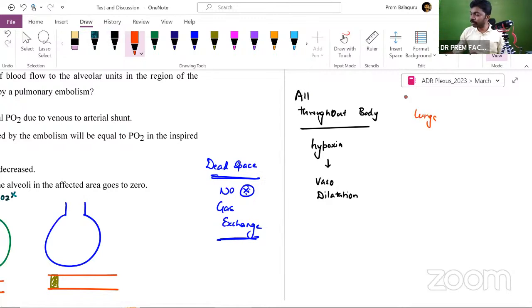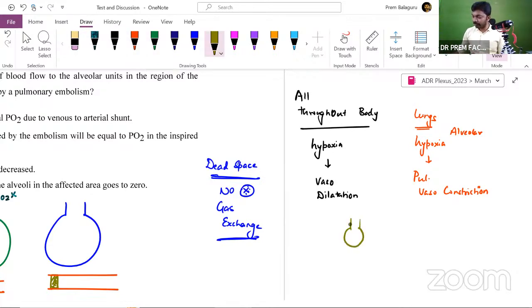In lungs alone, whenever there is hypoxia, instead of causing vasodilatation, lungs will cause pulmonary vasoconstriction. So this is one unique feature of organ blood flow. People, please remember, in pulmonary circulation, wherever there is alveolar hypoxia, instead of vasodilatation, there is going to be vasoconstriction. So what will this do to an alveoli?